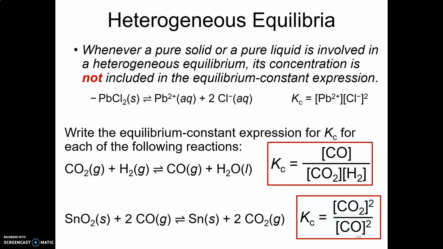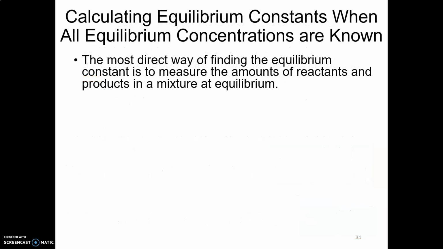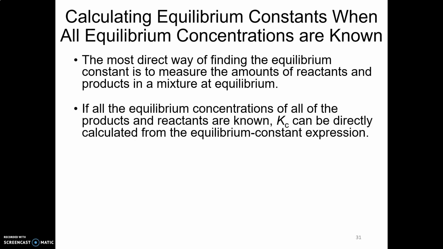All right, so we've had a lot of practice with writing our K expressions, but everything we've done so far has just been writing a K expression. How do you actually start looking at this from a numerical perspective? Well, remember, K represents the relationship at equilibrium, right? So if you know all of the concentrations of your reactants and products at equilibrium, then it's really straightforward.